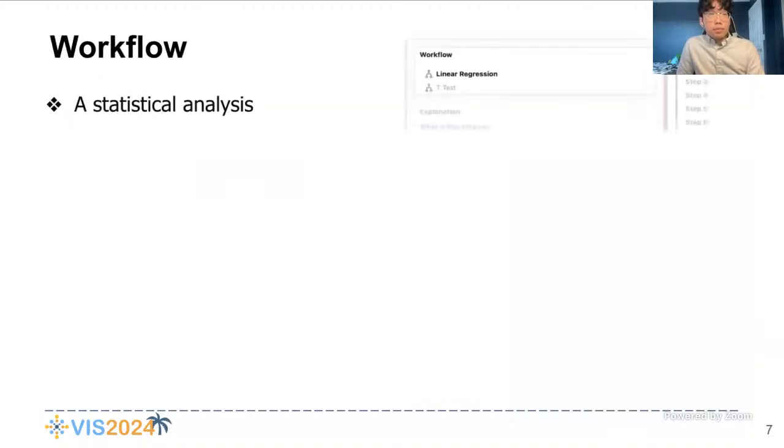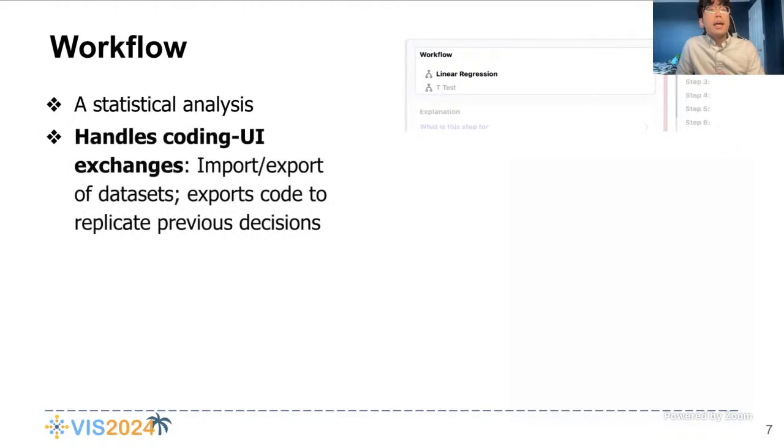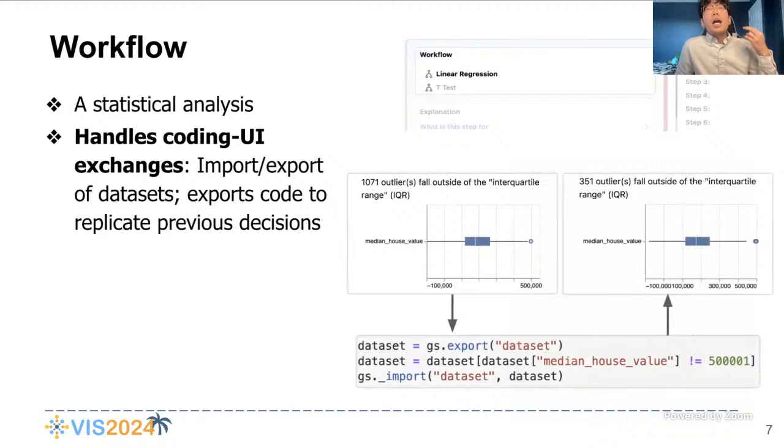And all of the steps are integrated into workflows. Each workflow represents a stats analysis, and workflows can handle the coding-UI exchange in a lot of forms. One of these forms is to allow users to bring in a transformed data set if they gain some insight during analysis and want to use the transformed data set for further steps.